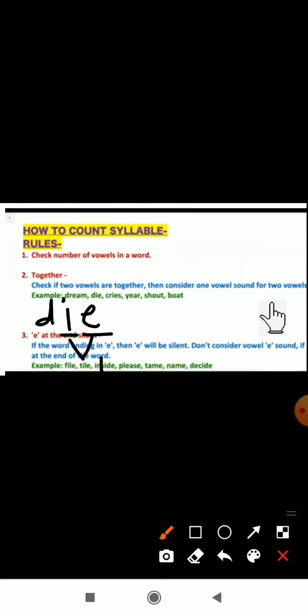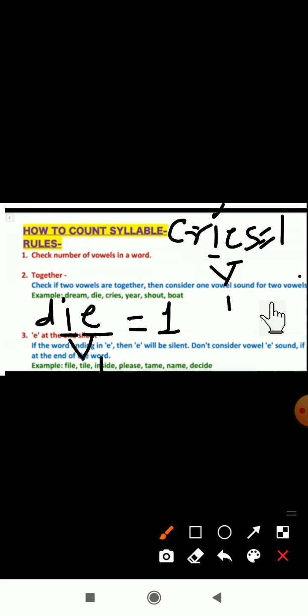These both we are considering as one. So die has only one syllable. Next, cries. In that cries, two vowels. Where are the vowels? I and E. So what are we doing? We are considering both together as one. So cries is also how many vowels? One. Got it? Our second rule.